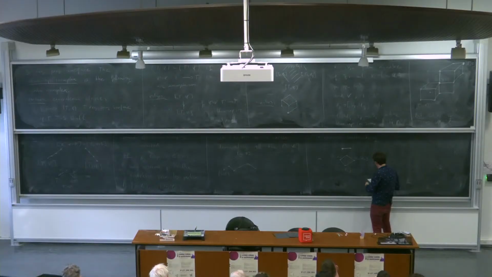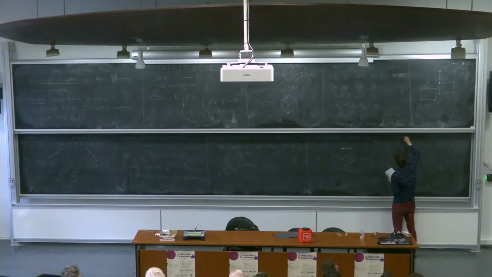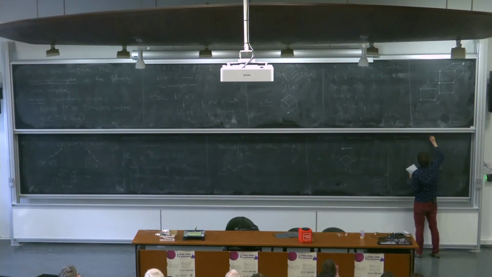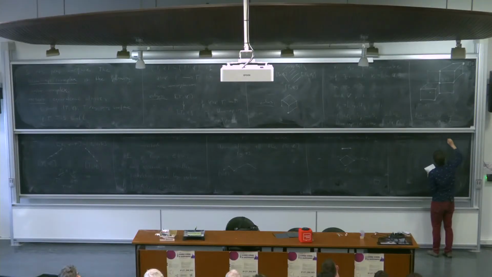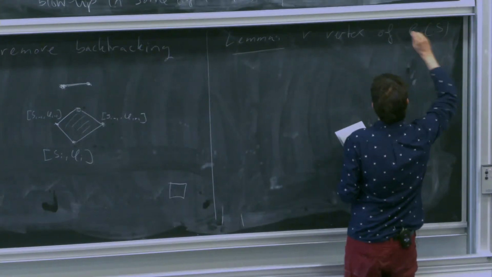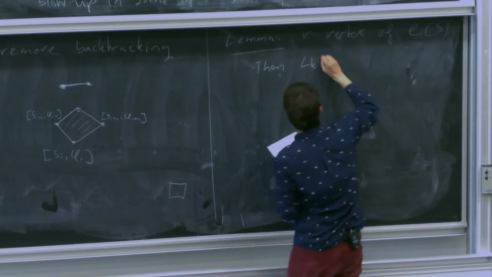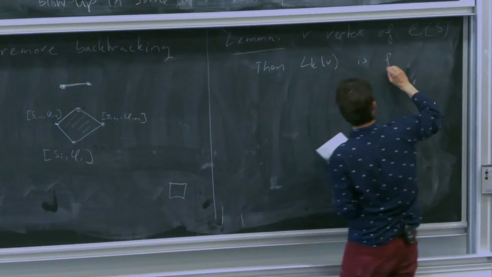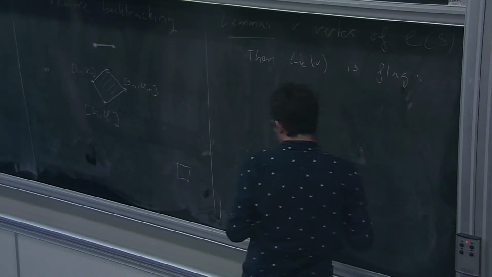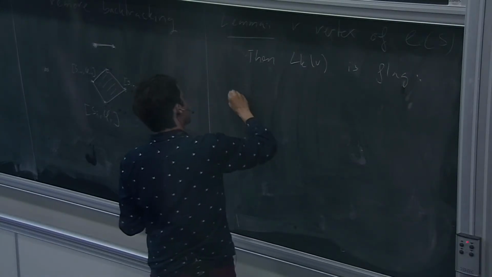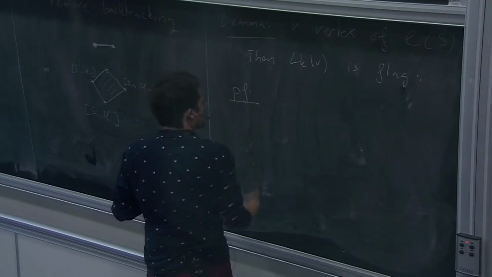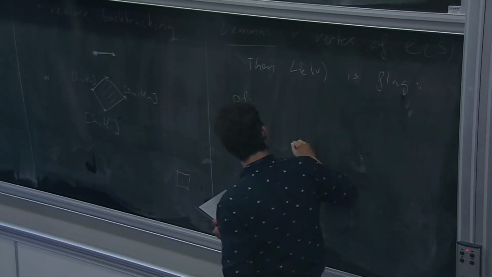Let's also quickly say that all the links are flag. If you have a vertex V of the blow-up complex, then the link of V is flag. Let me explain it by hand.